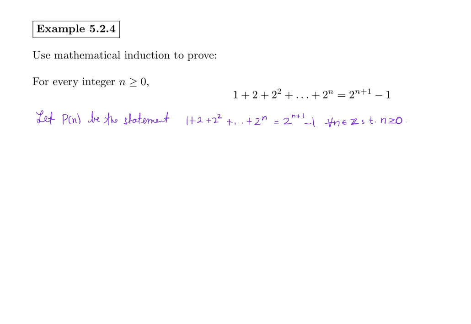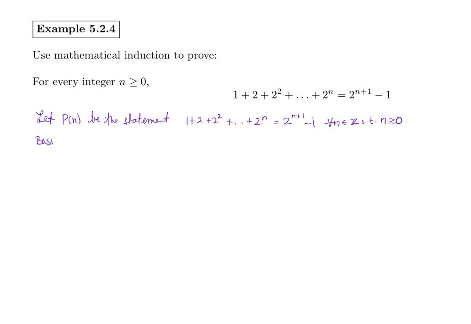So notice we couldn't use Z plus this time because remember the set of positive integers begins with 1, not with 0, because remember 0 is neither negative nor positive. So we have to write a slightly more complicated domain here.